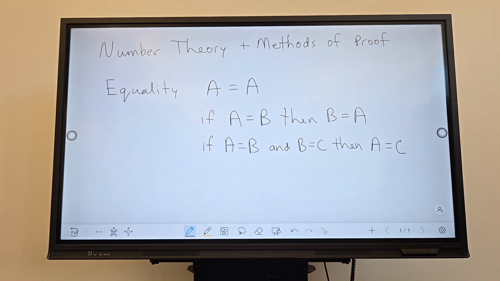We assume also that there is no integer between 0 and 1, and that the set of all integers is closed under addition, subtraction, and multiplication.